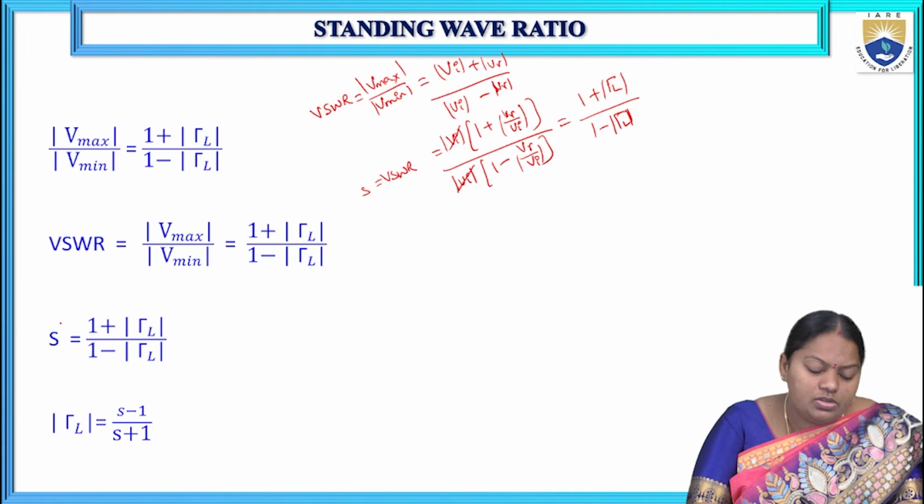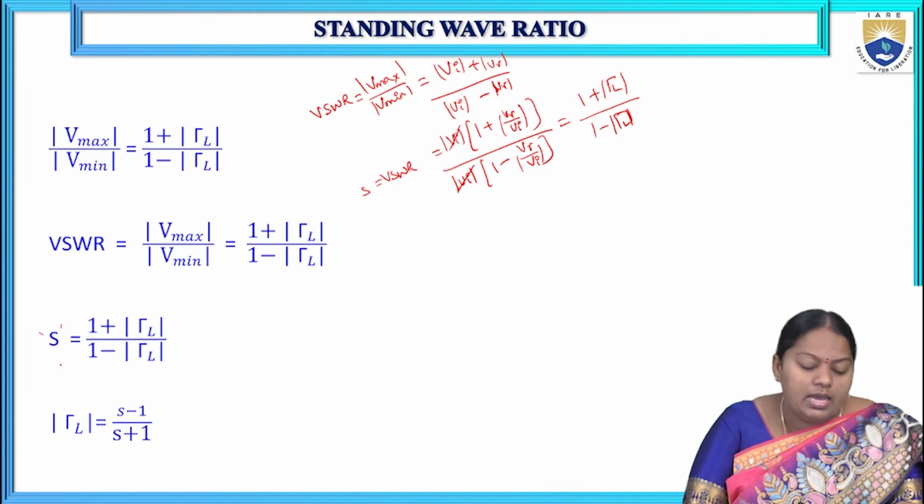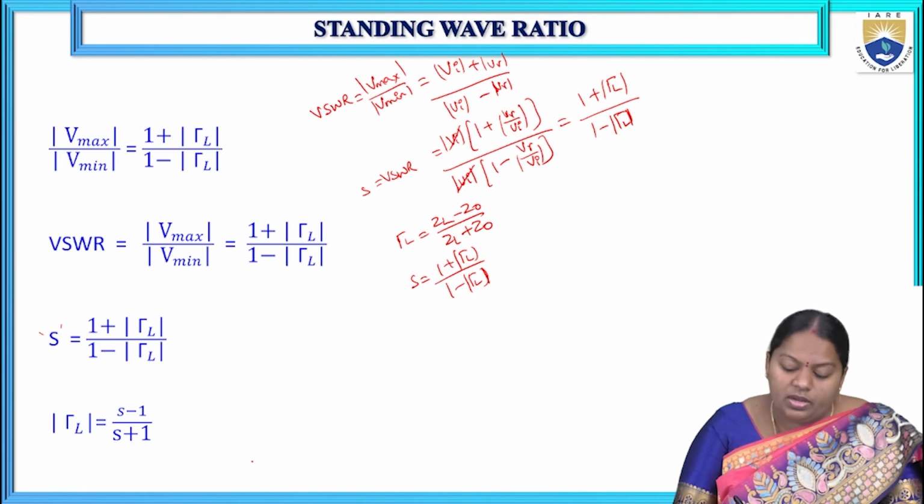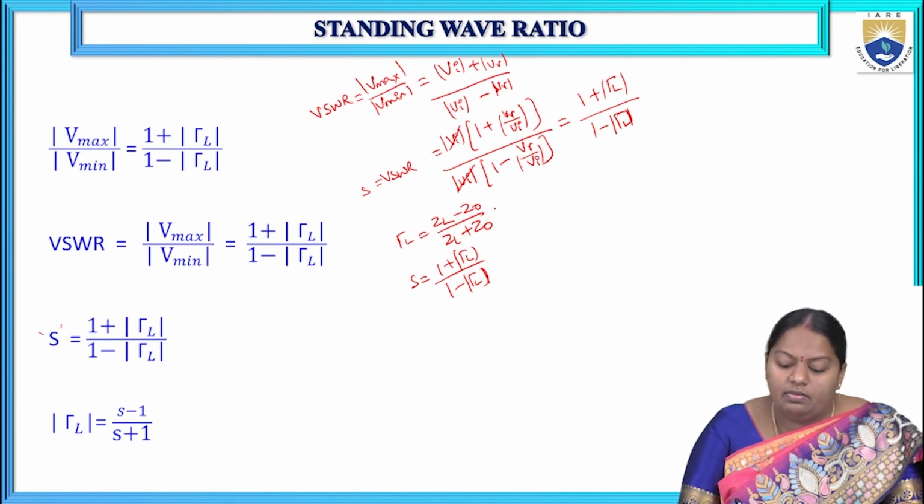Generally we use the notation S for VSWR, and S is given by 1 plus gamma L by 1 minus gamma L. Previously we learnt one relation, that gamma L is equal to ZL minus Z0 by ZL plus Z0, and now we have S equal to 1 plus gamma L by 1 minus gamma L. Now we have the reflection coefficient of a transmission line and the standing wave ratio of a transmission line.